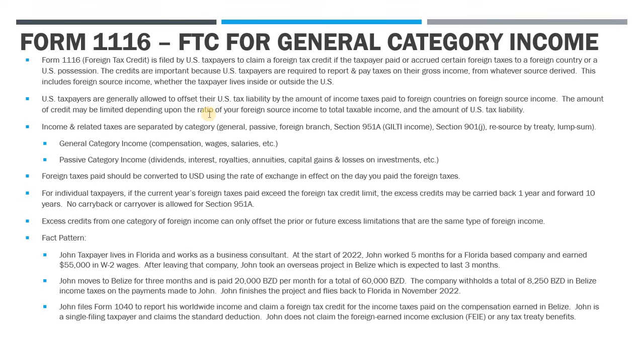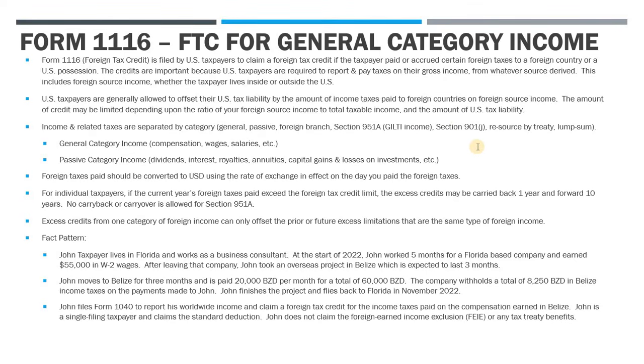So when we first start the 1116, we need to be mindful of the separate categories of income, which are frequently referred to as baskets, right? So we refer to baskets of income and the baskets of tax. So the separate categories that we see are general category income, passive, foreign branch. 951A is the GILTI income bucket that was added in 2017.